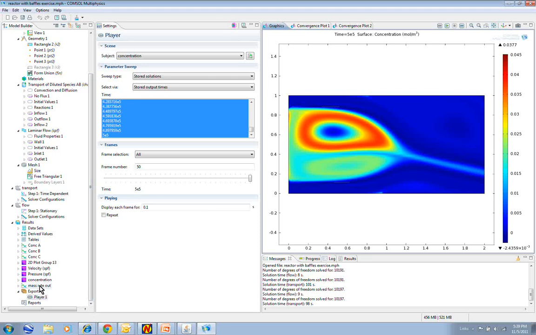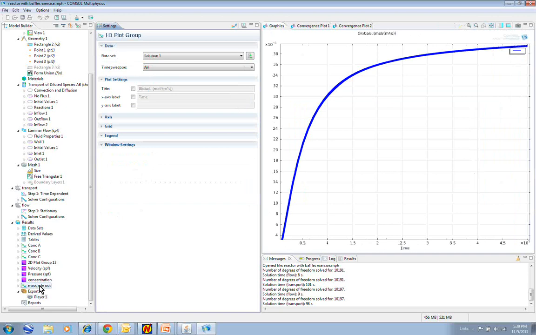So we can also check out the mass rate out. This is what it looks like. This is the mass flow rate of concentration C. It rises quickly and then levels out, and hasn't quite reached equilibrium, but it's flattened out here at roughly 40 times 10 to the minus 8 moles per meter per second.